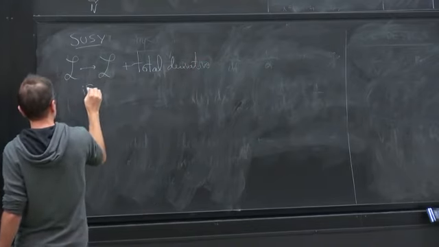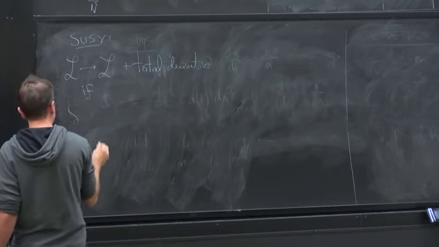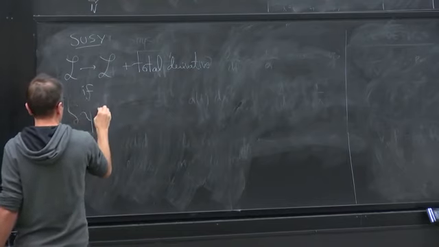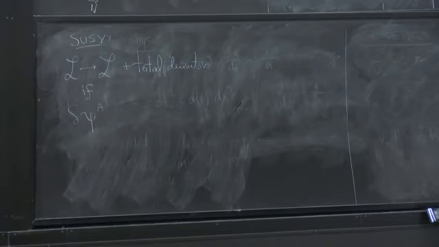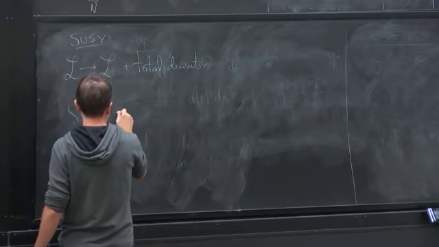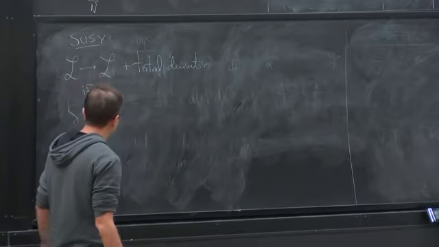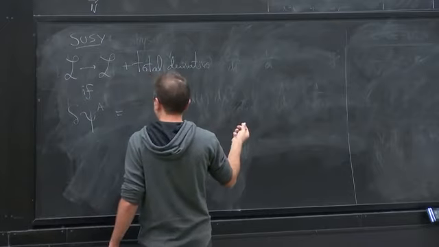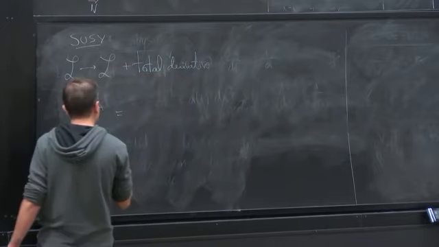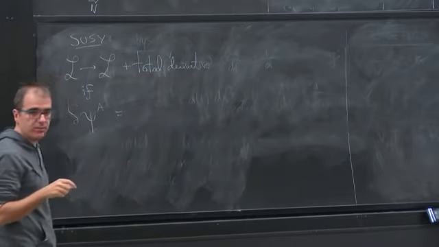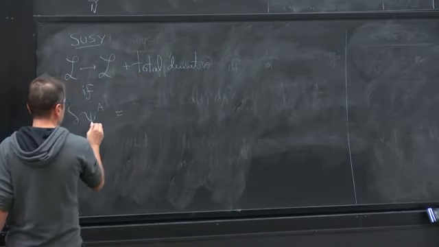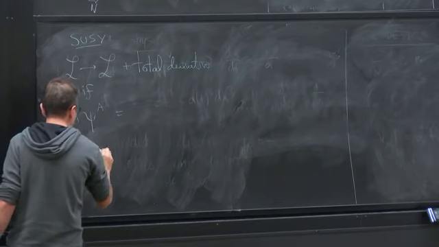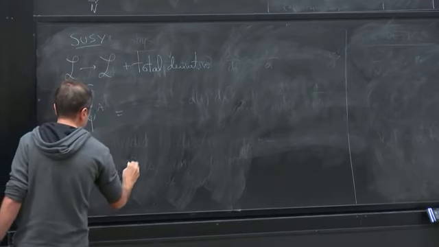If you transform the fields as follows, if the variation of psi A is equal to something I'm going to write. So you know that supersymmetry flips bosons into fermions and fermions into bosons, right? So we will have variation of psi and variation of the gluon.